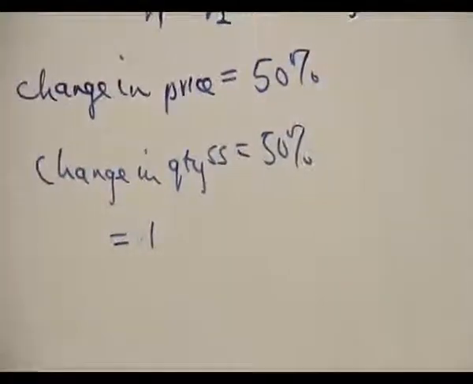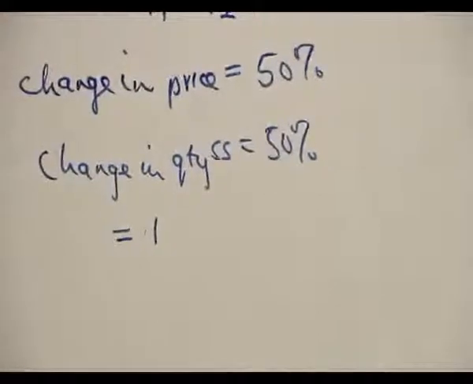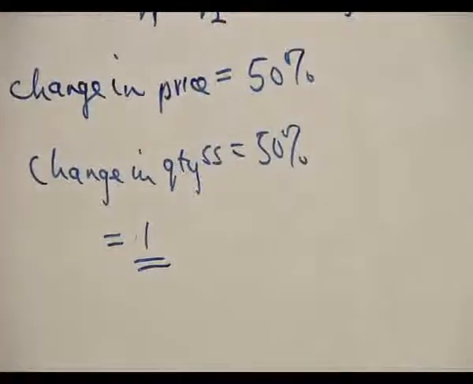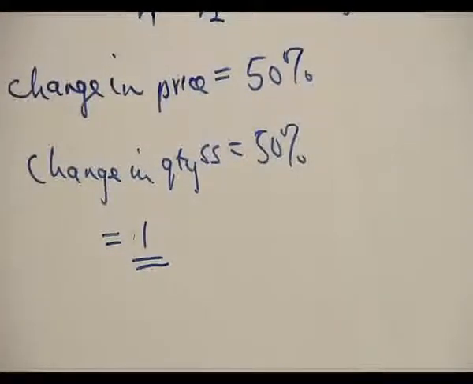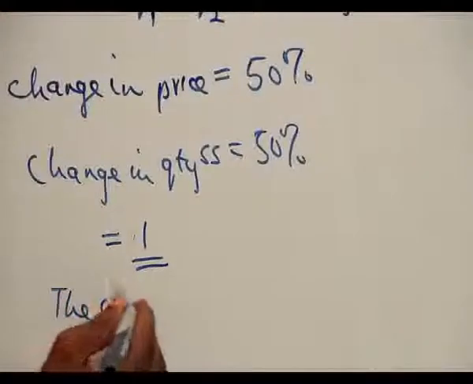That is why we call it unitary elasticity of supply. Whenever we work out the price elasticity of supply and I have the answer to be equal to 1, we have the elasticity to be unitary. That is, the coefficient is always 1.